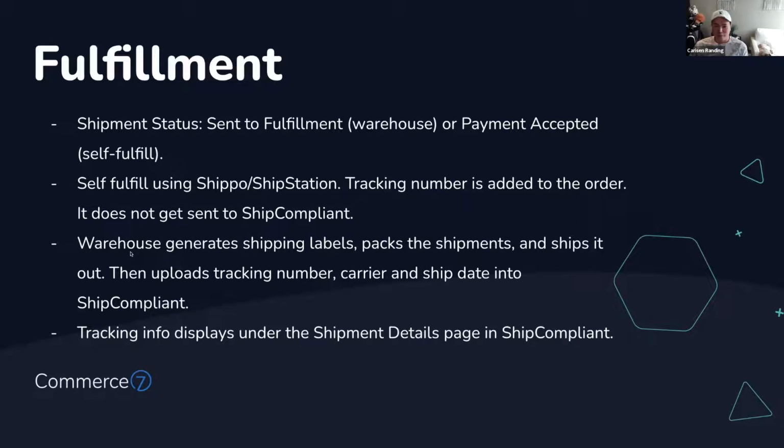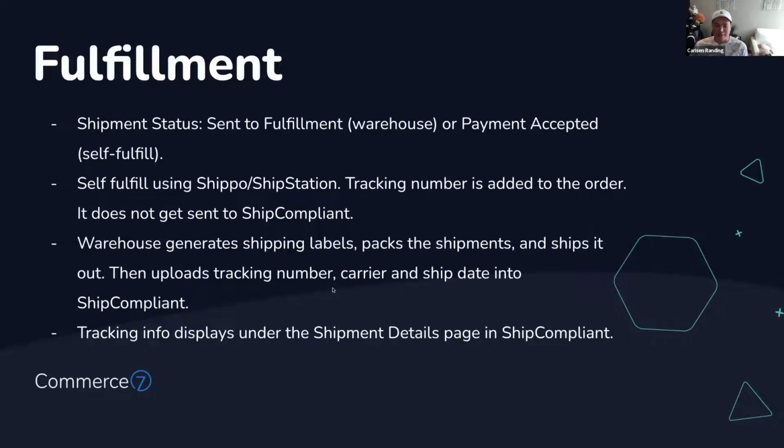If you're using a fulfillment warehouse, then you process the transaction, it passes the compliance check, and ShipCompliant pushes it over to the warehouse. The warehouse will then generate shipping labels, pack the shipment, ship it out, and then upload information about the shipment, the tracking number, carrier, and ship date into ShipCompliant.